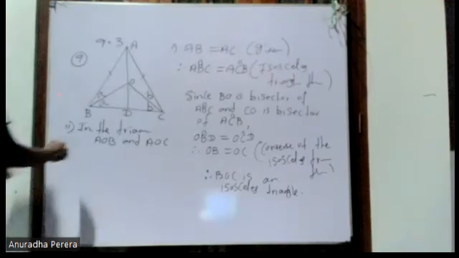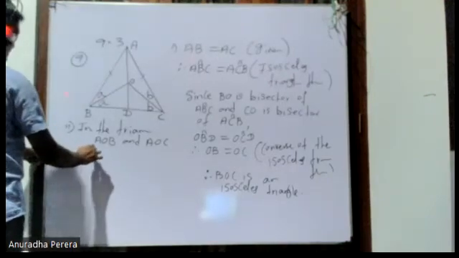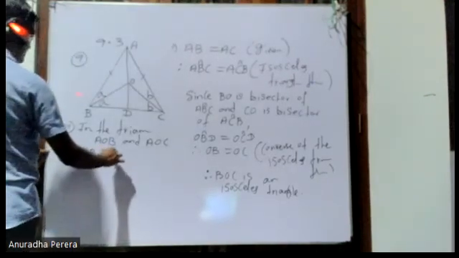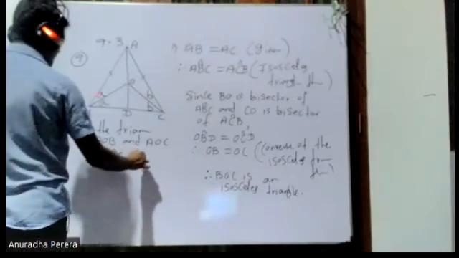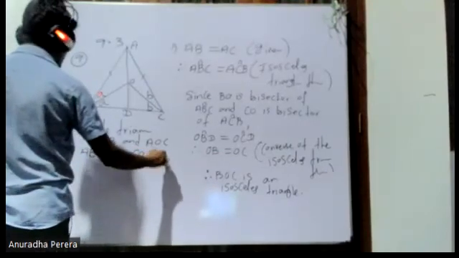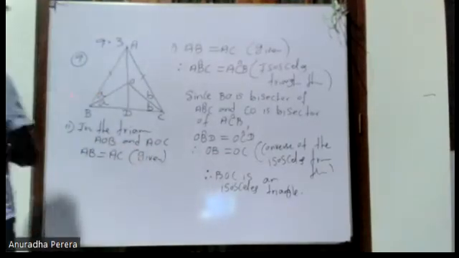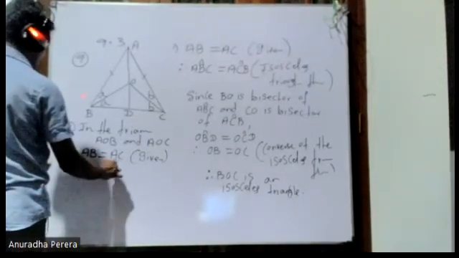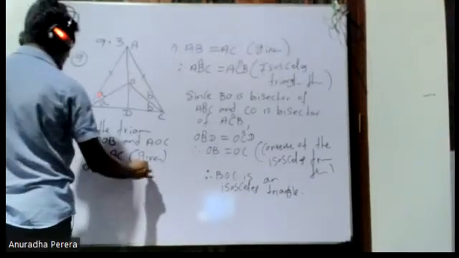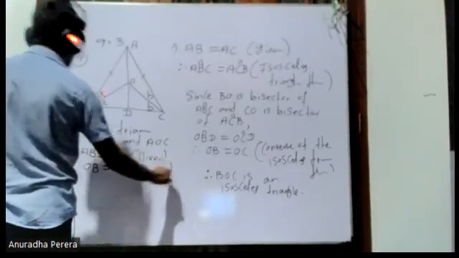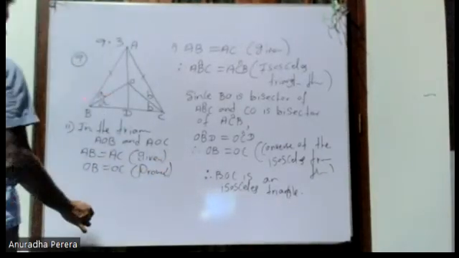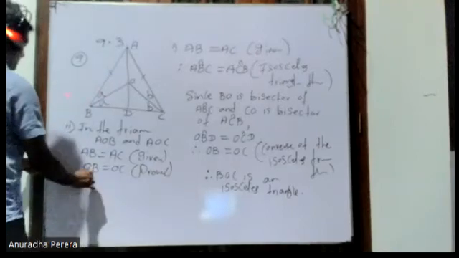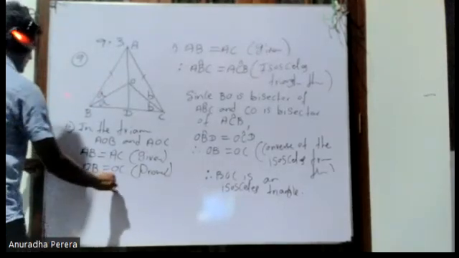Okay? Then we know AB equals AC. It is given. Right? Then OB equals OC. We proved it. And OA is common side.